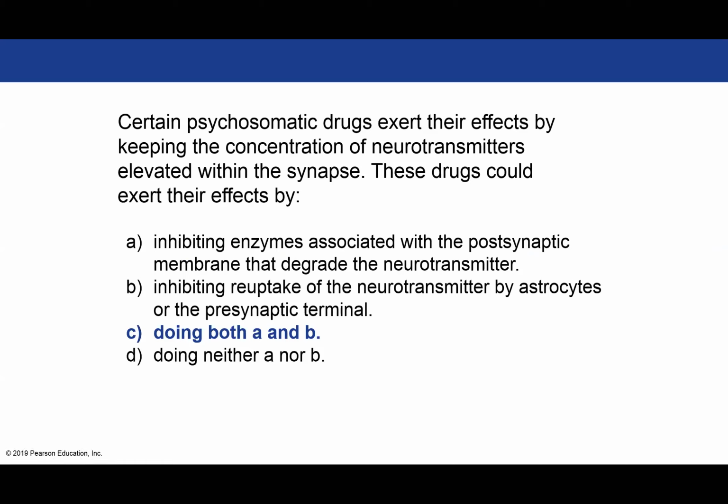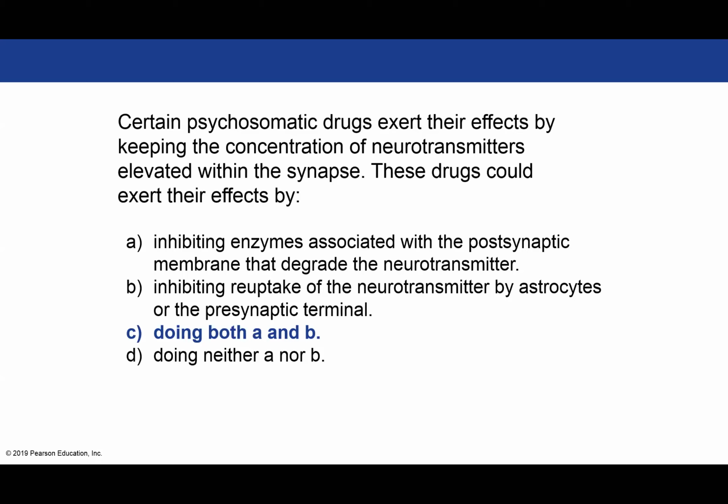So I'm going to again briefly explain this one just because it's more of a thinking beyond type of question. There's certain drugs that when taken can keep neurotransmitters in the synaptic space, in the synaptic cleft, longer than normal.